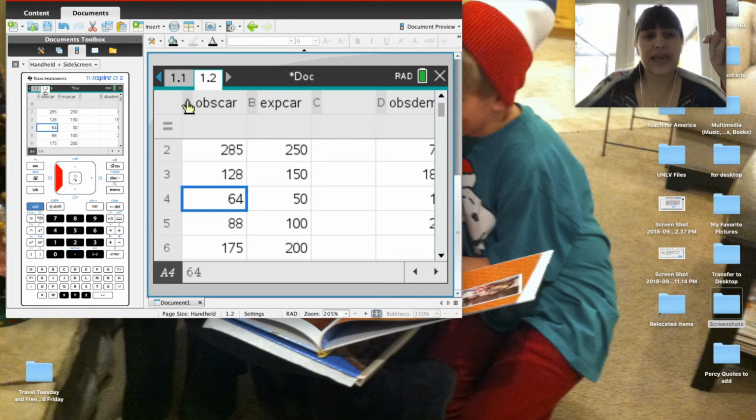Make sure that you label them as observed and expected, but don't just put EXP. Your calculator will think that's exponent, like the letter E, like the exponential. So I put EXP and then car behind it, because this is a problem about cars, and then OBS observed car. Okay, so take a second, enter those values into your calculator.